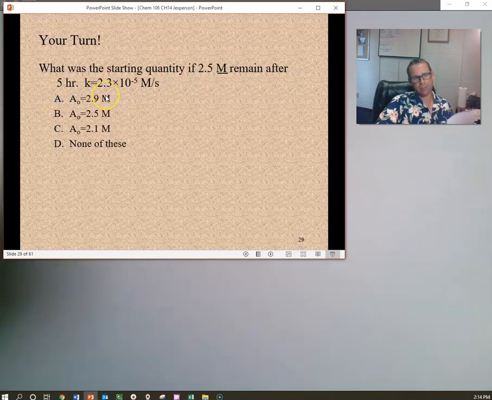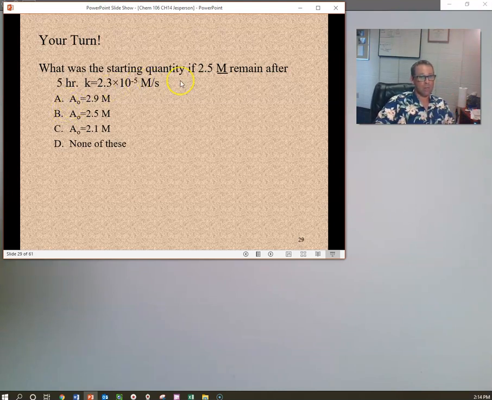All right, we're doing a lot of good review here. Now, I don't think we did this problem last time. What it gives us is an amount of time and a K, and it doesn't give us the starting quantity. It gives us the remaining quantity: 2.5 molar remain after the reaction.